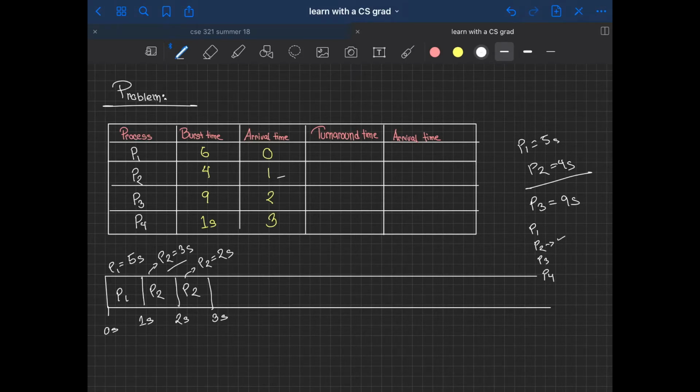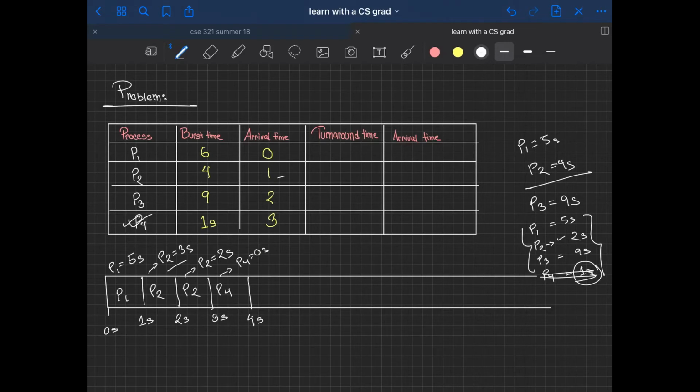P2 has a remaining of 2 seconds, P1 has a remaining of 5, P3 has a remaining of 9 seconds, and P4 has 1 second. Definitely among all of these, P4 is the smallest one, right? So P4 would get the CPU, work for one more second, so up to 4 seconds, and it would be done. It wouldn't have anything remaining. So P4 is done.